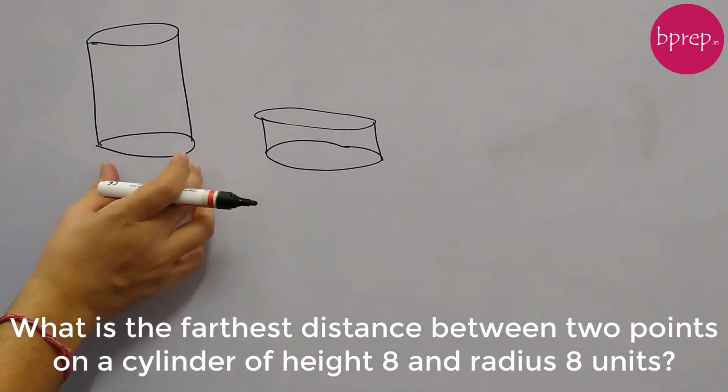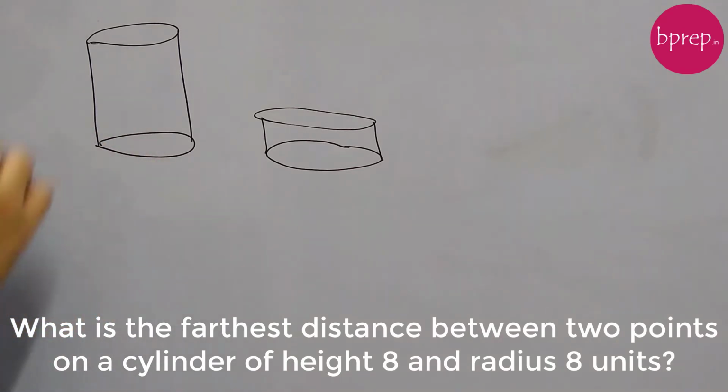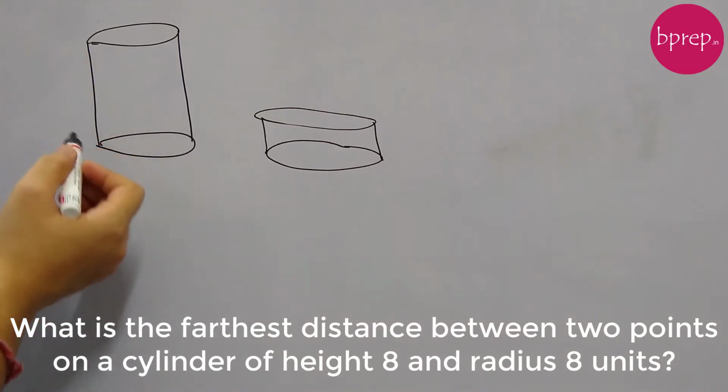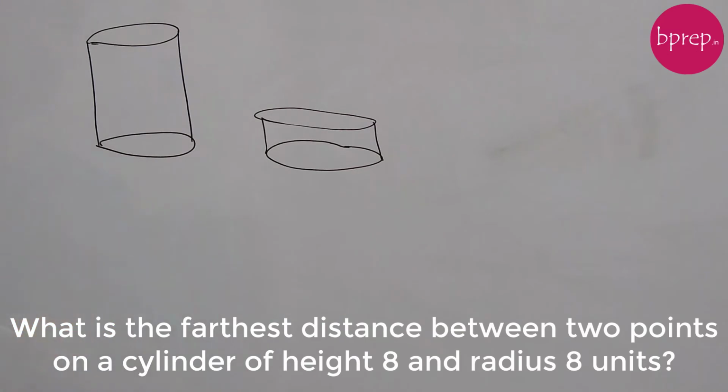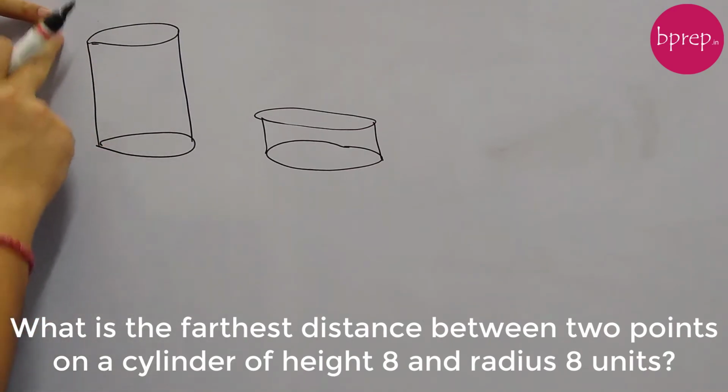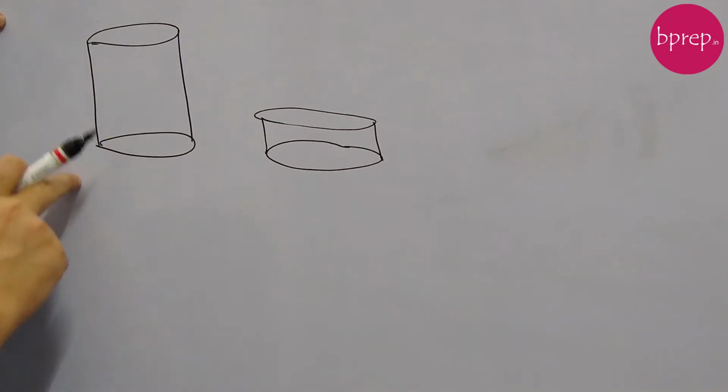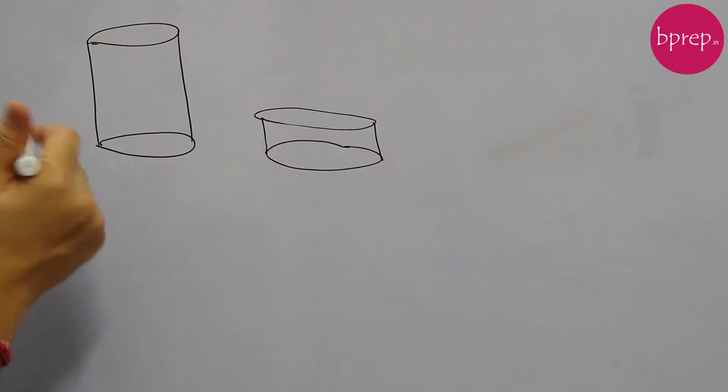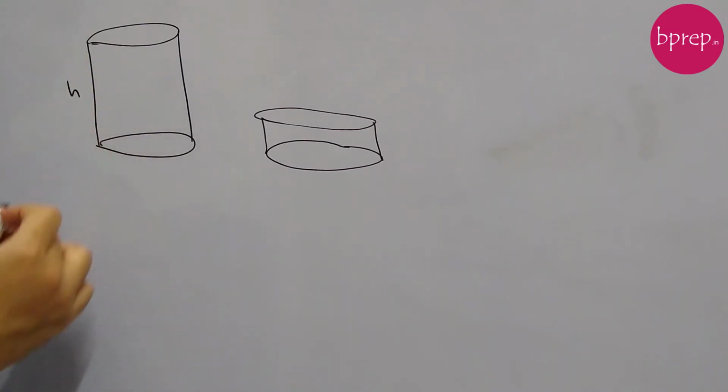First we need to divide this cylinder into two planes. So if you see, this cylinder is in two planes, right? First one is the height and the other one is the base. So to determine the farthest point, if we consider the vertical plane, then on the vertical plane the height will be maximum for any cylinder, right?